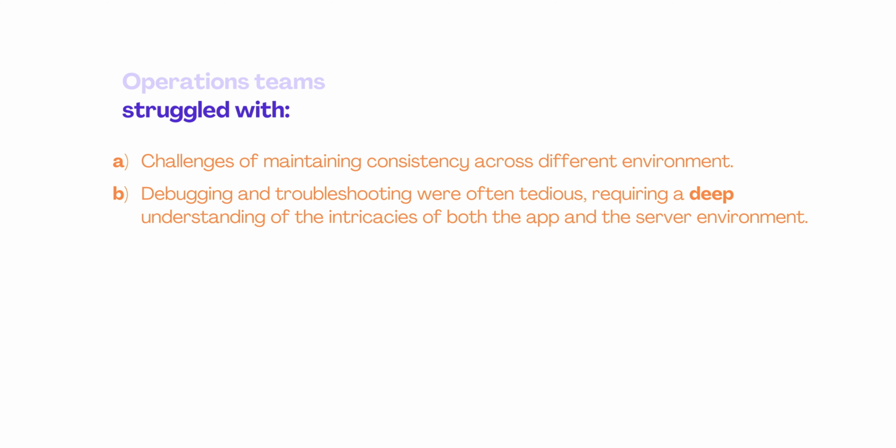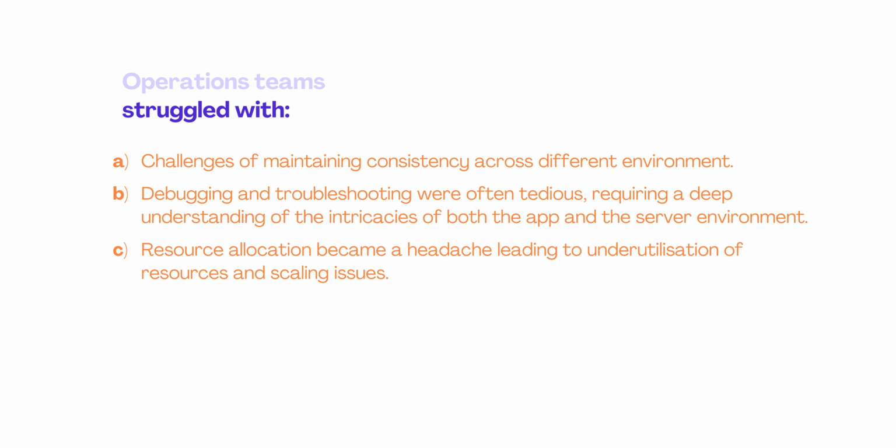Debugging and troubleshooting were often tedious, requiring a deep understanding of the intricacies of both the app and the server environment. Due to isolation issues and the inability to define resource boundaries for applications on physical servers, resource allocation became a headache, leading to underutilization of resources and potentially scaling issues.